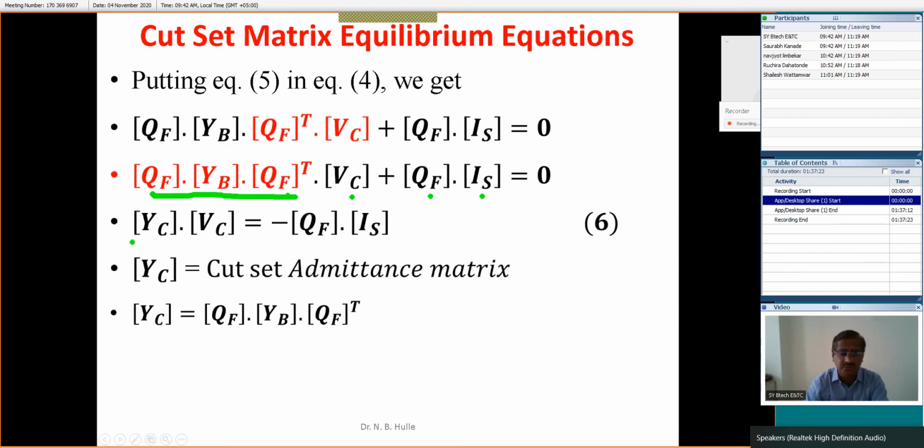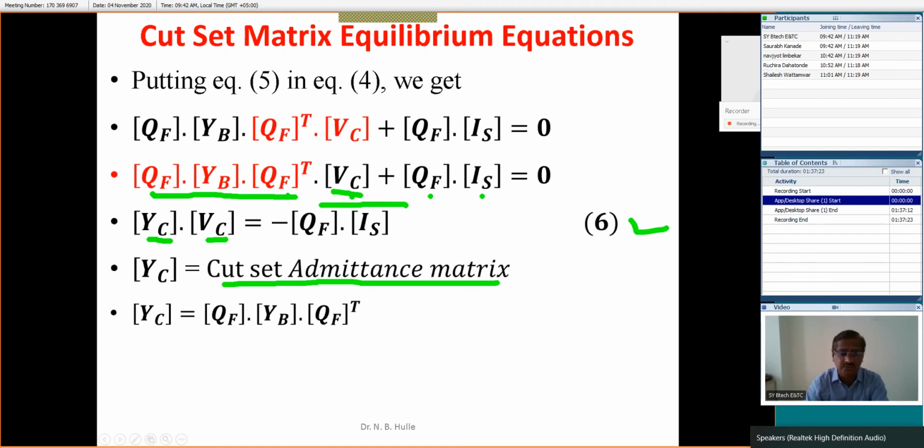Because this is nothing but the YC, known as the cut set admittance matrix. This is the cut set admittance matrix, which is YC into this value, VC. This value I am shifting to the other side, so minus QF into IS, and it is equation number 6.